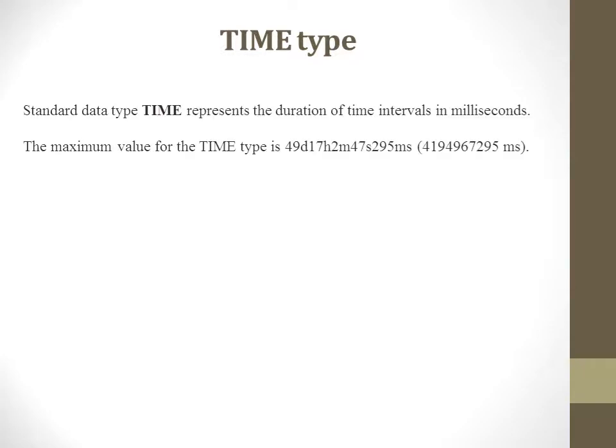So the standard data type TIME represents the duration of time intervals in milliseconds. The maximum value for the time type is this value in days, hours, minutes, seconds, and milliseconds, or it equals this value in milliseconds.